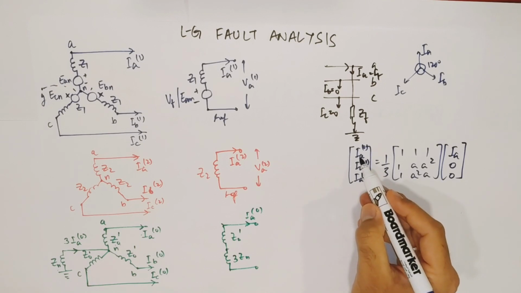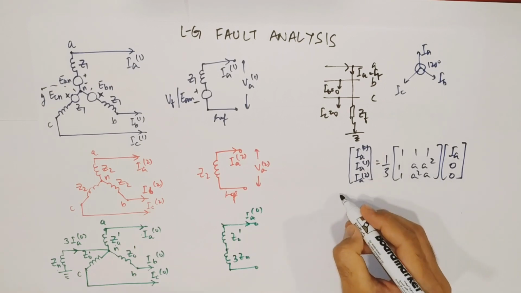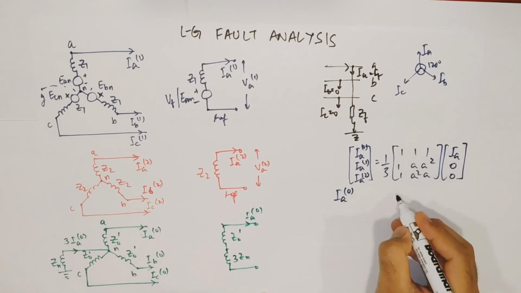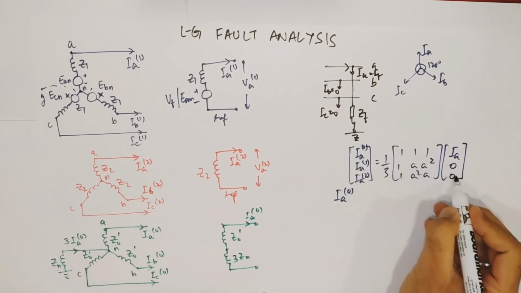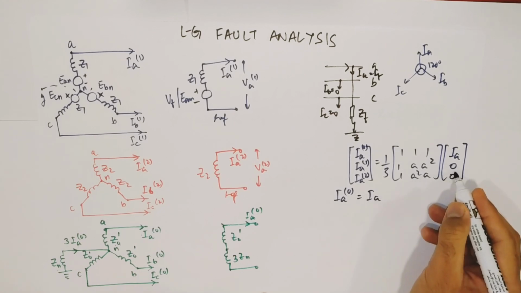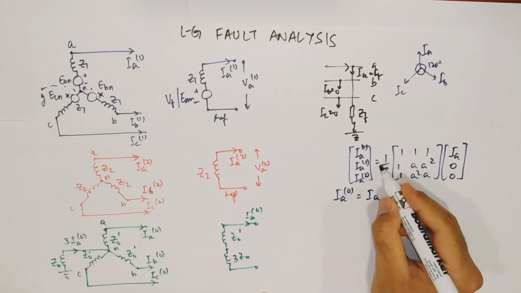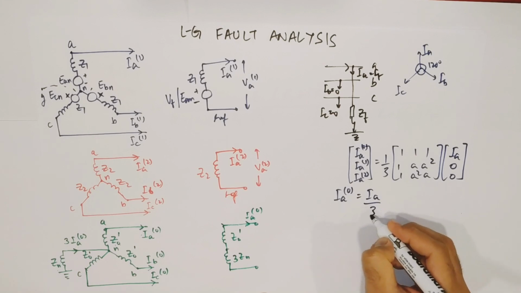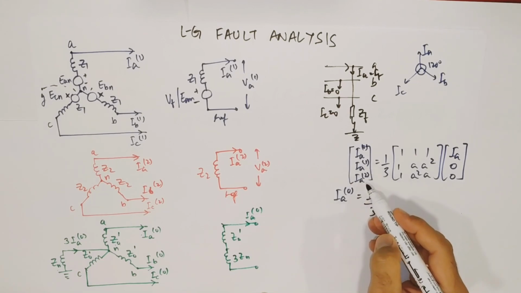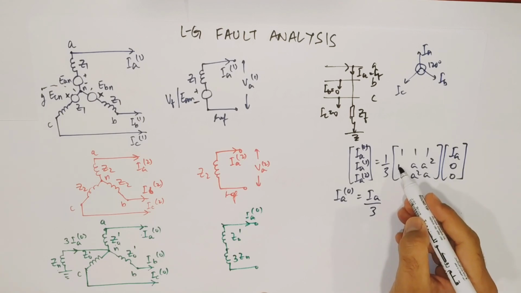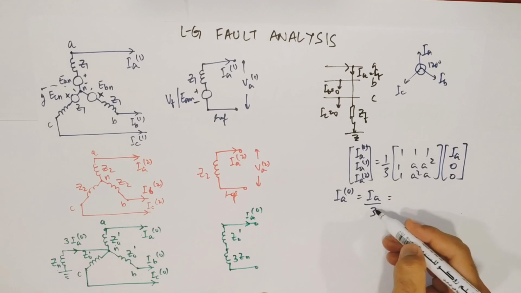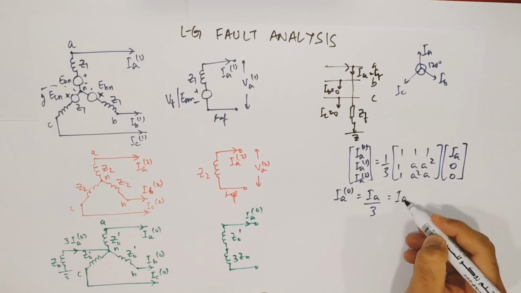So if you have to write Ia0 in terms of Ia, how will you write? It will be 1 into Ia, 1 into 0, 1 into 0. So this becomes Ia plus 0, that is Ia, and outside it is divided by 3, so this becomes Ia by 3. Similarly for Ia1, you will again multiply and you will see Ia plus 0 by 3, again this value will come.